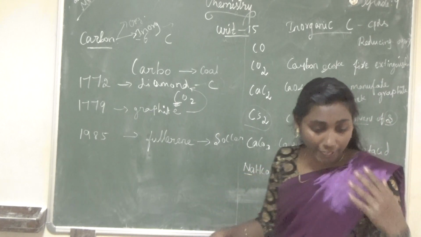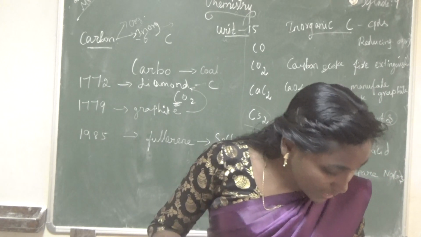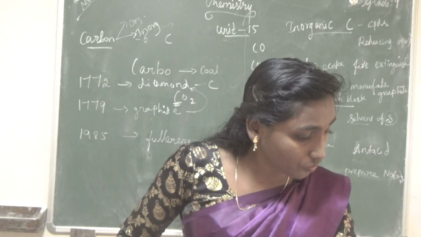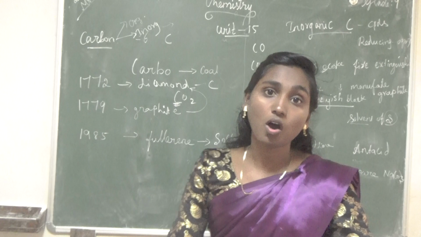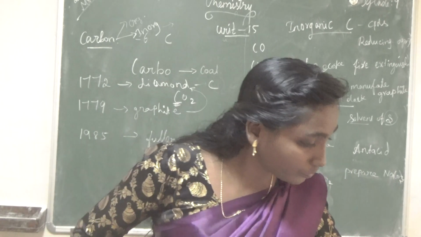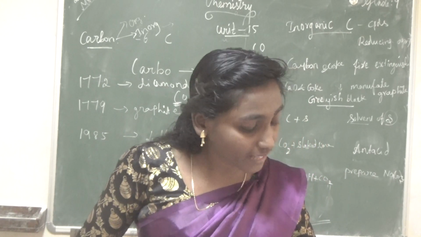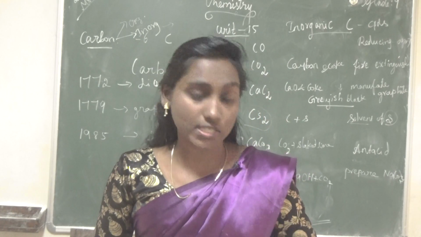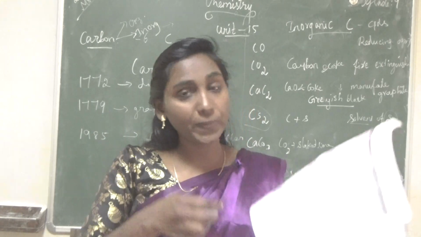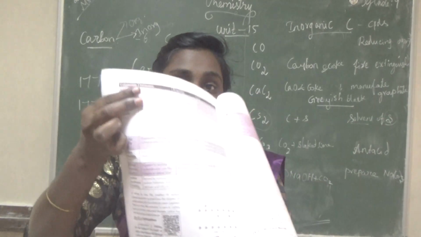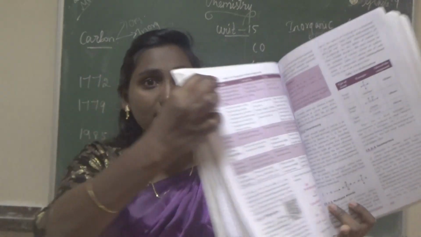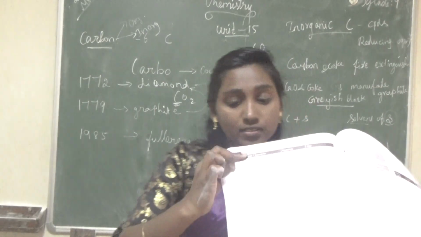Okay, now all of you take your book. Take page number 174. Inorganic carbon compounds. One table is given. Write the inorganic carbon compounds and their uses. Near that, you write down the question from the book. So mark these compounds' names.